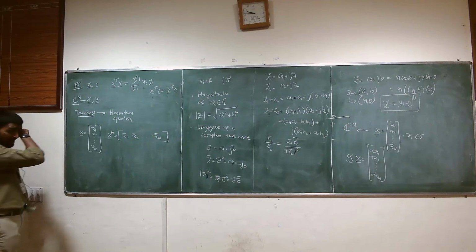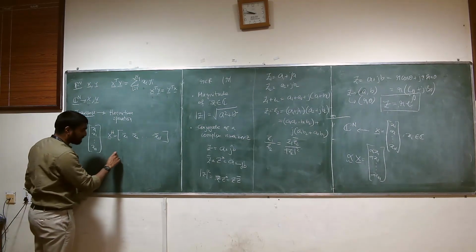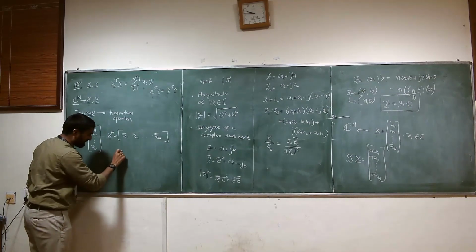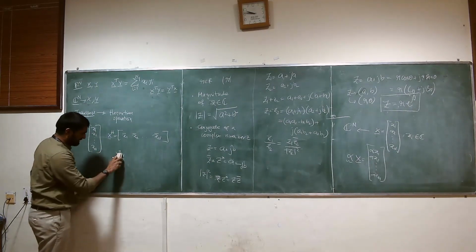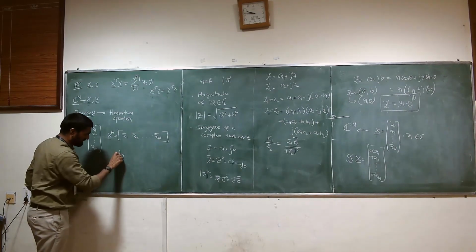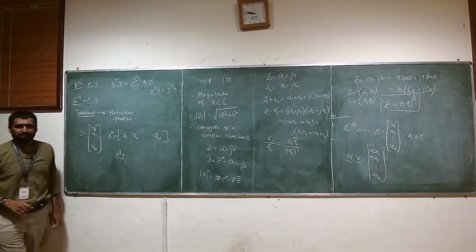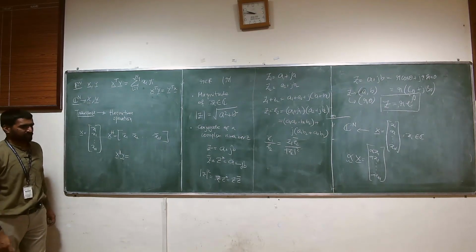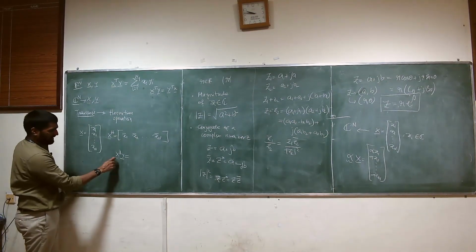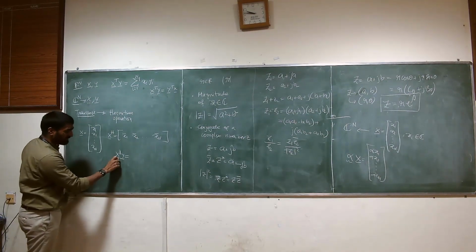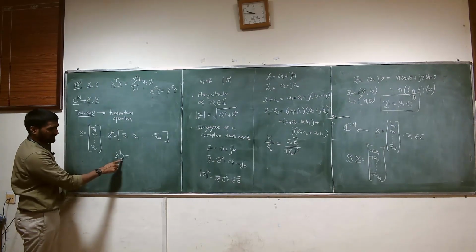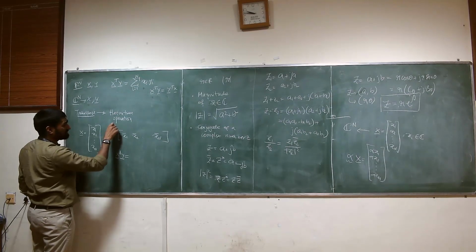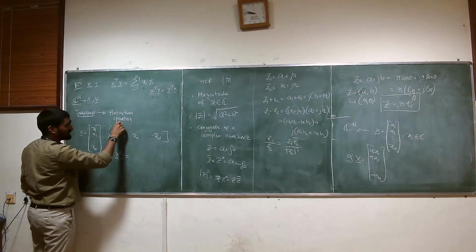And the standard inner product now, if x and y are from Cn, is not this anymore. The standard inner product is this. And what will this be equal to? X Hermitian multiplied by y. Sometimes you might also see expressions where people write the Hermitian operation with an asterisk.